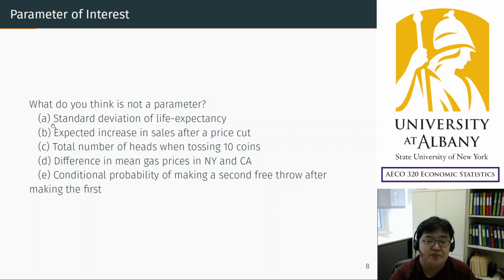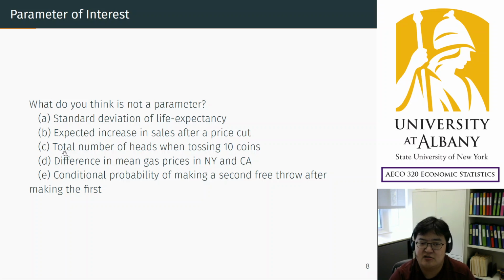A, you'd like to estimate the standard deviation of life expectancy of, say, U.S. adults in the United States. B, you'd like to estimate the expected increase in sales after a price cut of your company's commodity.